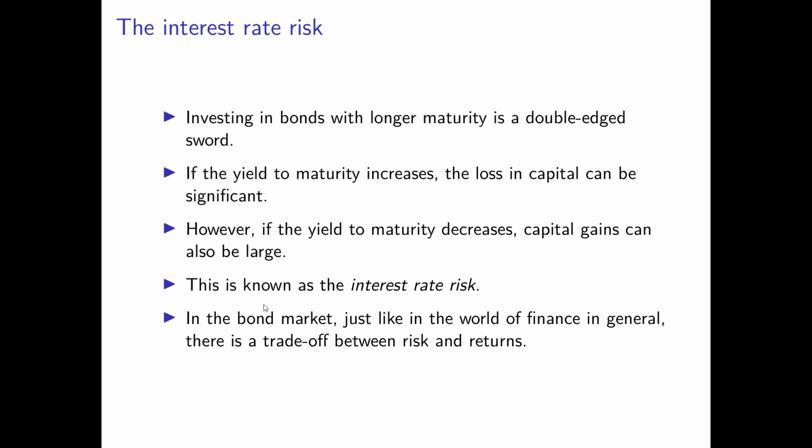And this leads us to what is known as the interest rate risk. Okay, so investing in bonds with longer maturity is a double-edged sword. Why? If the yield to maturity goes up, the loss of capital can be significant. But at the same time, if the yield to maturity goes down, then the capital gains can also be large. This is known as the interest rate risk.